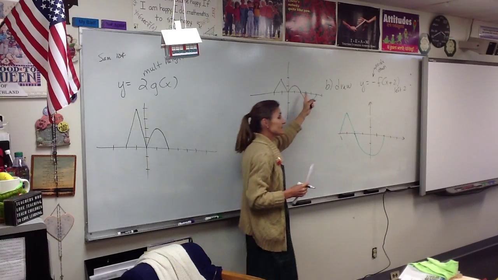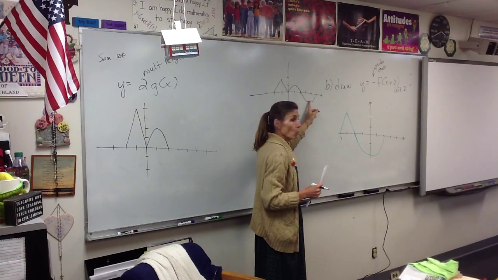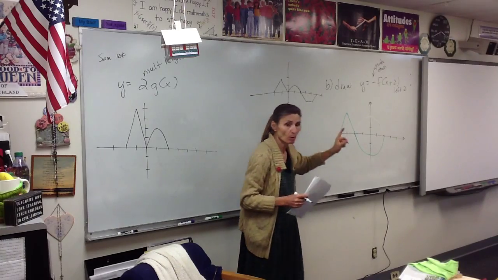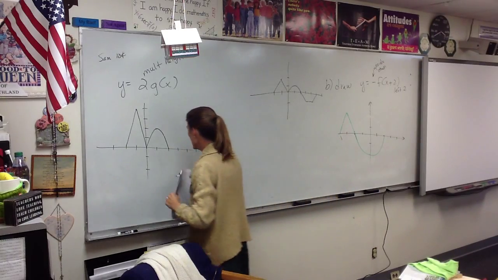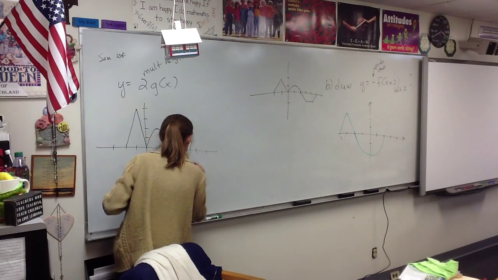Now, how deep is this little trapezoid thing? How far down does he go? 1, right? So now he's going to go down how far? 2. He gets doubled. He's going to go down 2. So now my trapezoid looks like that.